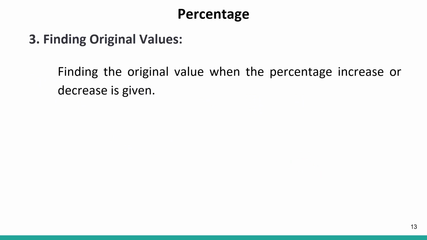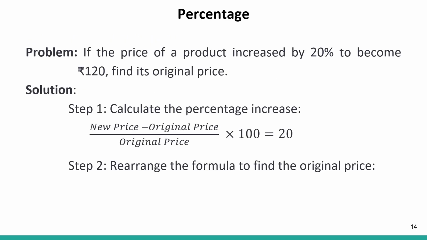Okay, so this is the third kind of problem that is being asked: finding the original value when the percentage increase or decrease is given. If the price of a product is increased by 20% to become 120 rupees, find its original price.